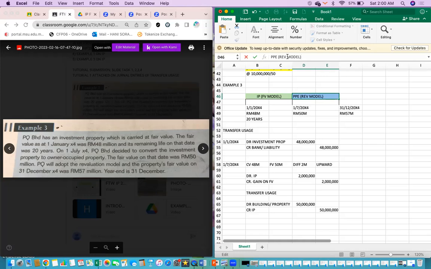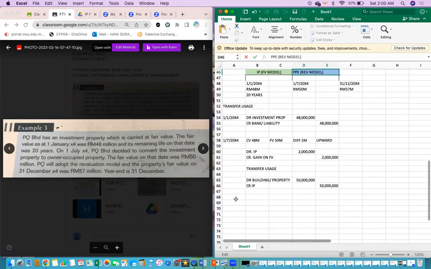Subsequent measurement is either fair value model or cost model. So the company chooses to use fair value model. And then for PPE, there are two methods as well, which is cost model or revaluation model. So the company uses revaluation model. Okay, now, next. So we move to the next point, which is on 31st December.